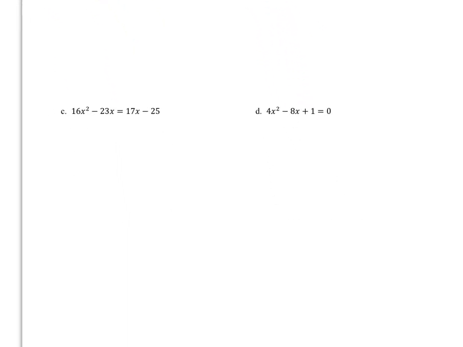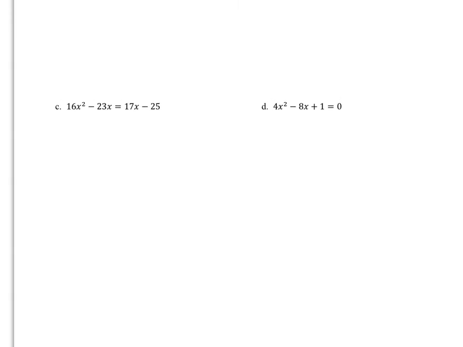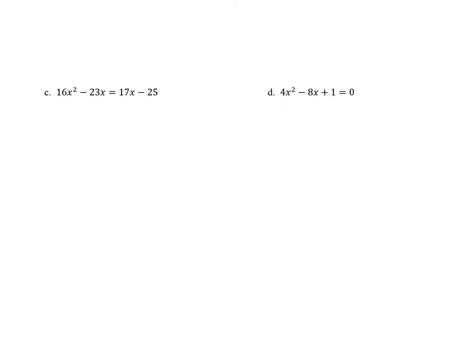All right. Let's go ahead and I'm going to get this one set up for you, and you guys can complete these, and then we'll call it a day. So first things first, it has to be set equal to 0. So we're going to subtract the 17x, and we're going to add a 25. So on the left-hand side, I get 16x squared.